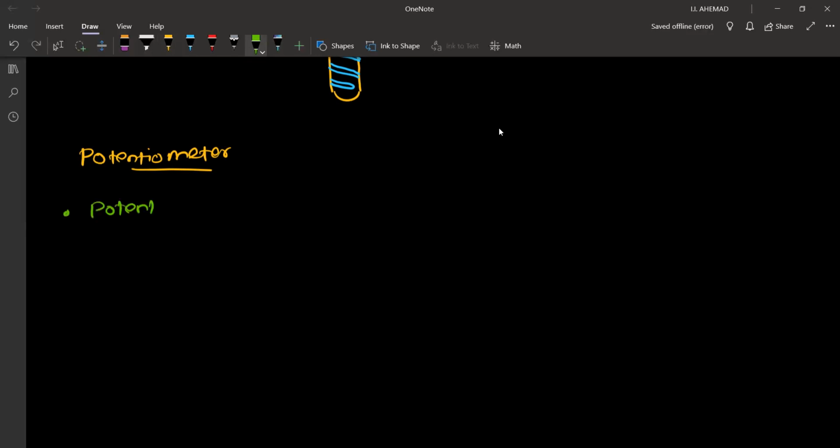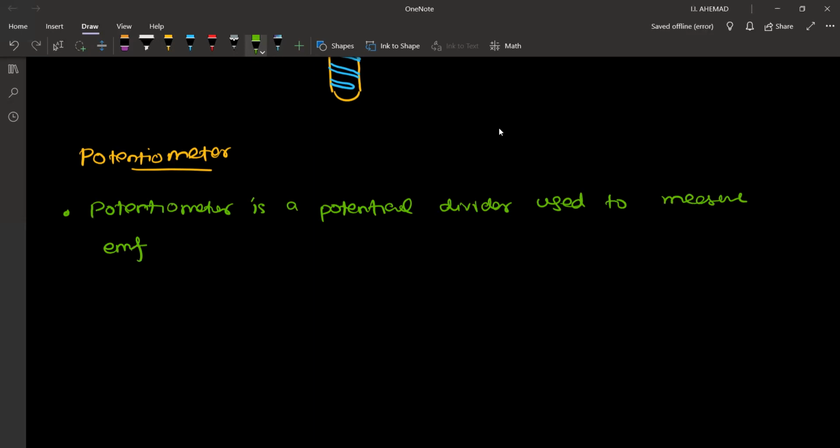A potentiometer is a potential divider used to measure EMF and potential difference.